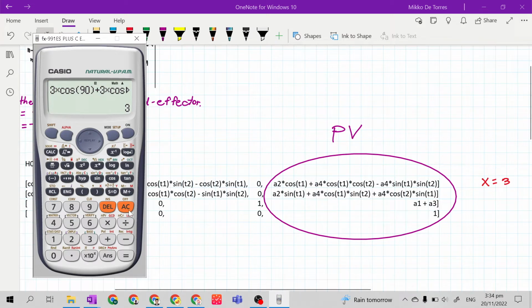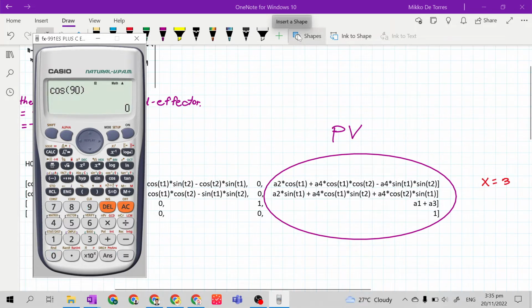To make this computation faster, let's find out what sine t1, cosine t1, cosine t2 or sine t2 are first. If you have 0 answers, we can cancel the expression fast. Sine 90 is 1 and cosine 90 is equal to 0.